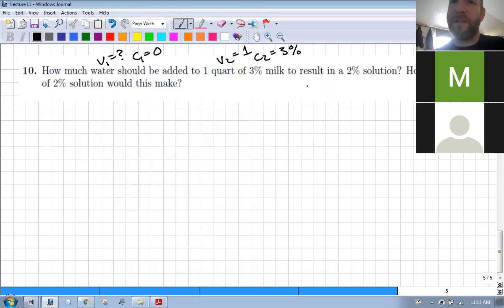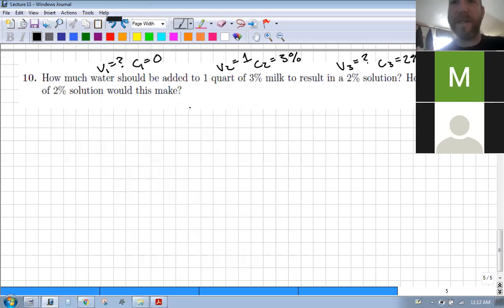And we're resulting in a 2% solution. So we don't know what V3 is, but we know its concentration is 2%. So they want to know how much water to be added. So that's the V1. And how many quarts of the 2% solution. So they're asking what is V1 and what is V3.